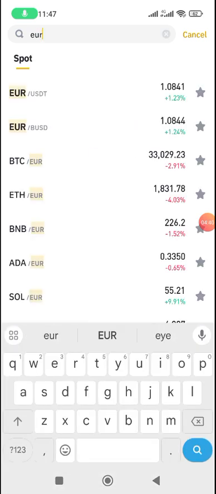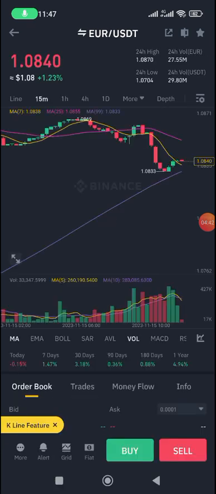As of last week, euro was 1.05. On Binance here, you always have more quantity of USDT for your euros. So one of the things to do is you come here and swap your euros to USDT.